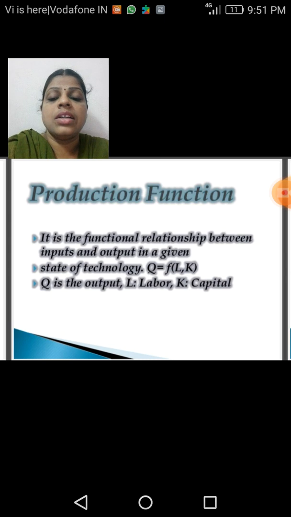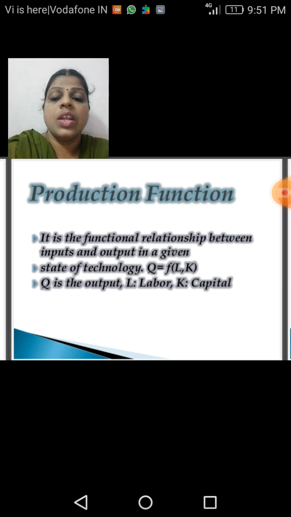And it is given in the form of Q equals F of L, K. Q is the output, L is labor, and K is capital.